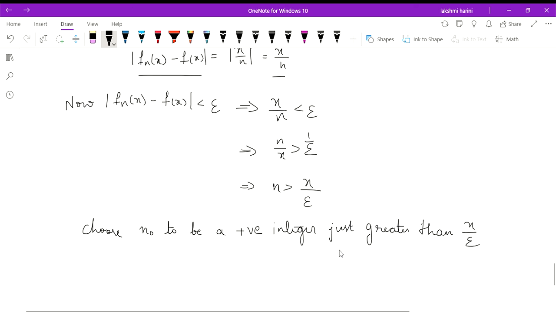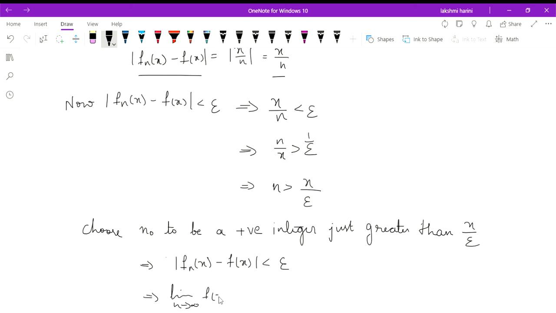This implies mod fn of x minus f of x is less than epsilon. This implies limit n tends to infinity, fn of x is equal to f of x.